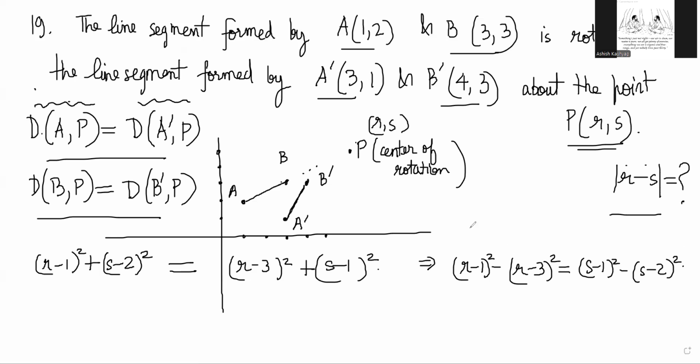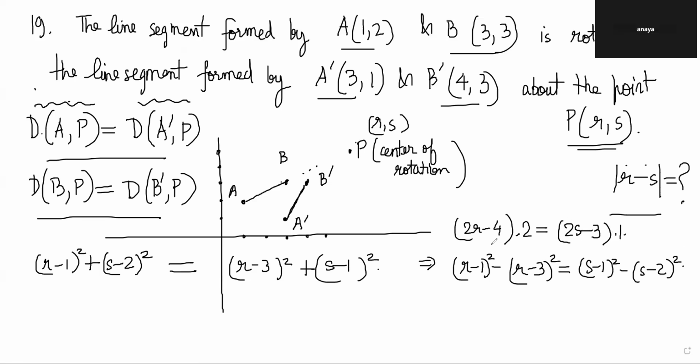So 2r minus 4 multiplied by the difference, which is 2, is equal to 2s minus 3 multiplied by the difference, which is 1, right? So one equation we are getting is 4r minus 8 is equal to 2s minus 3.